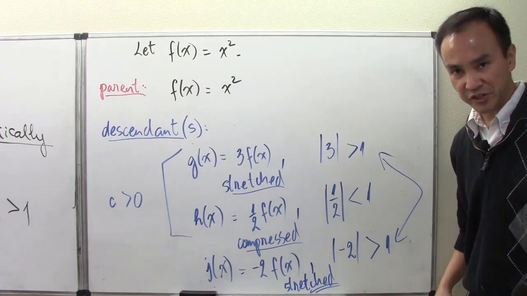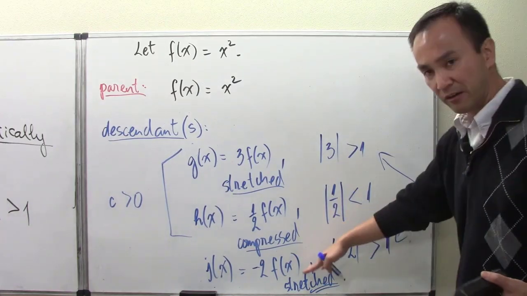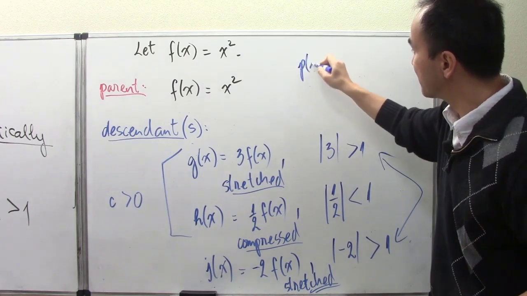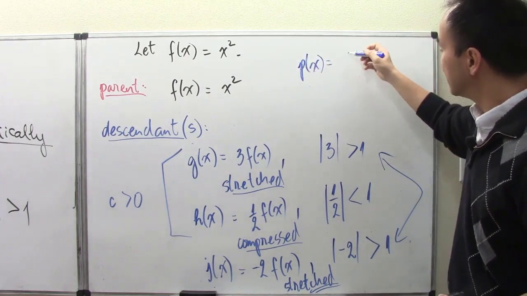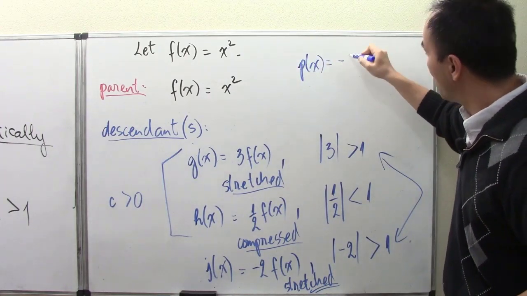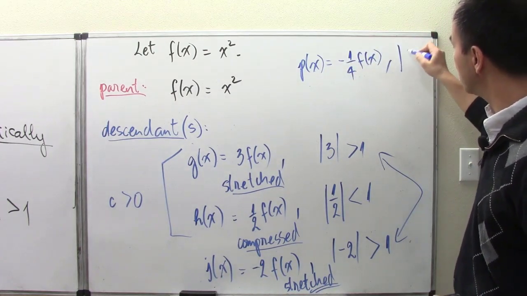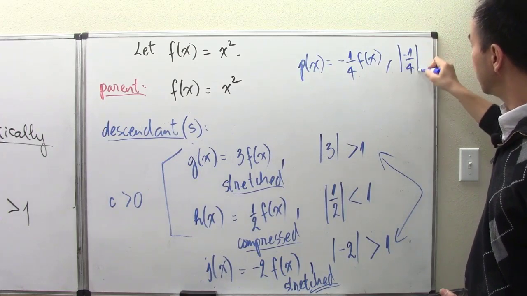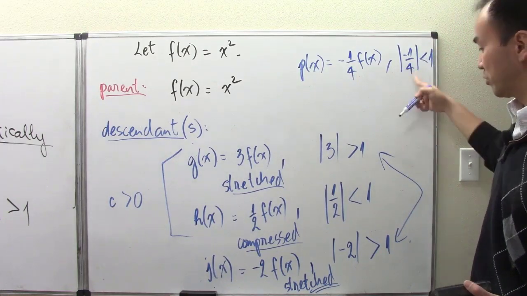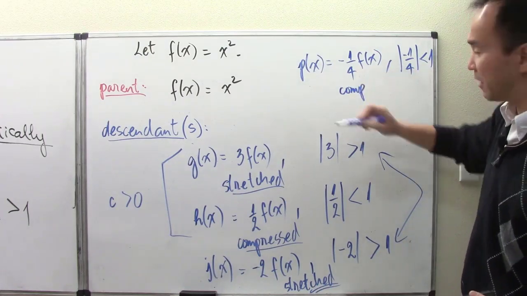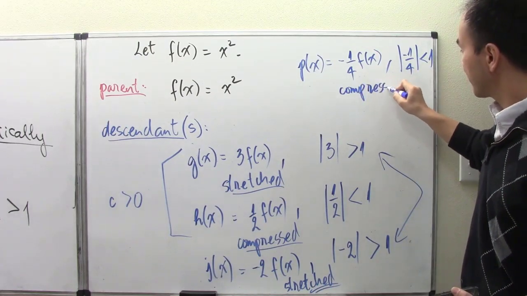And then, I'm running out of space, so I'm going to write it here: the case for p of x, we had -1/4 times f of x. In this case, the absolute value of c is less than 1, and we will get to that as well. That was also a compression, but in the flipped down version.